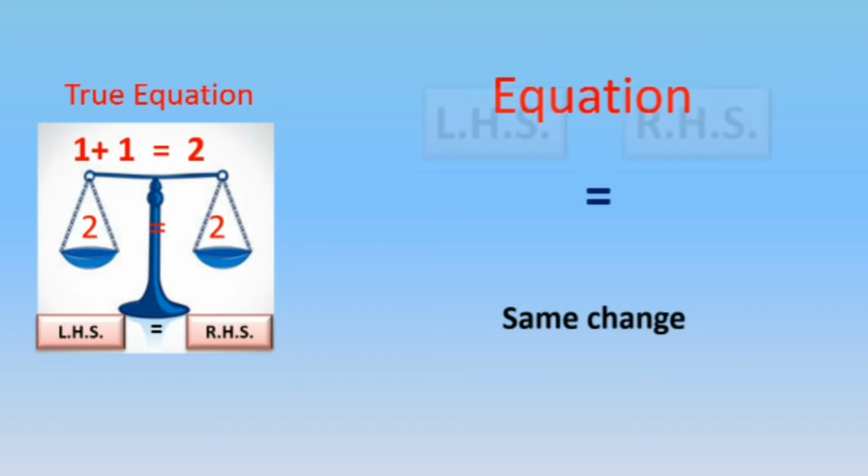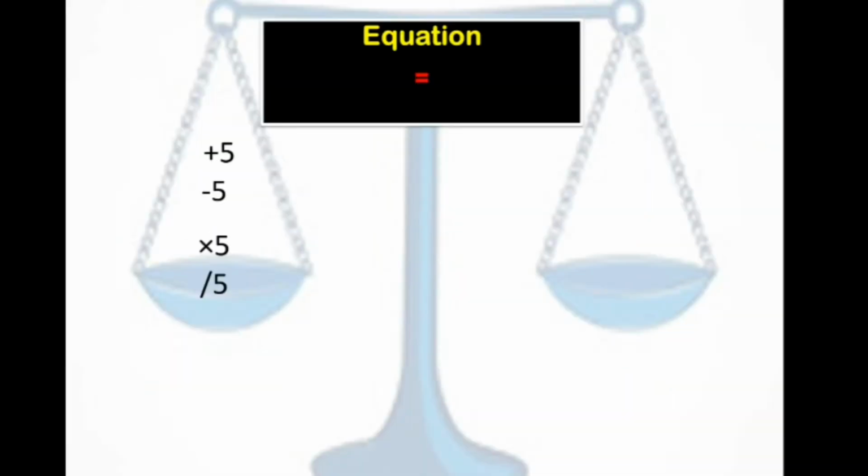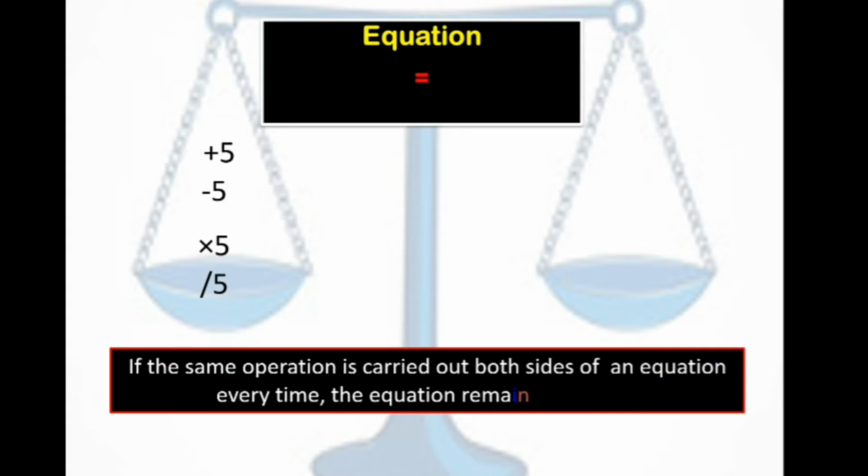To avoid imbalance in the equation, we have to make the exact same change on both sides. Whatever we do to the left hand side has to be done in the same way to the right hand side. That is so important. I am saying again, whatever you do to an equation, we have to do the same thing to both sides. If the same operation is carried out on both sides of an equation every time, the equation remains balanced.